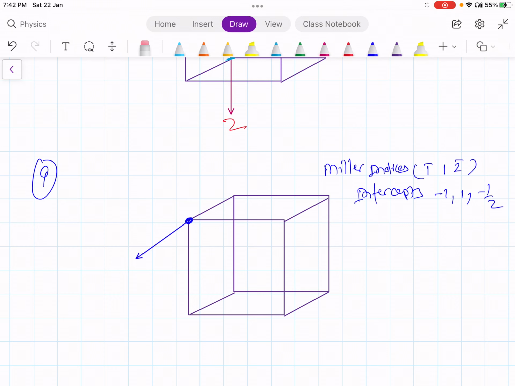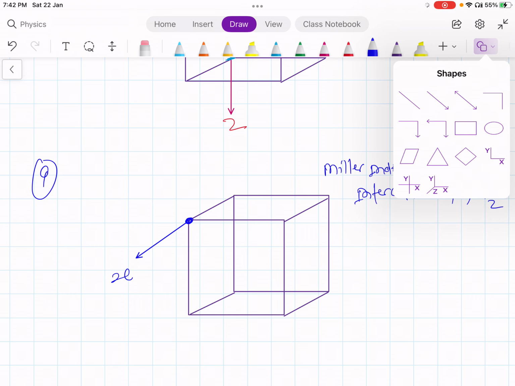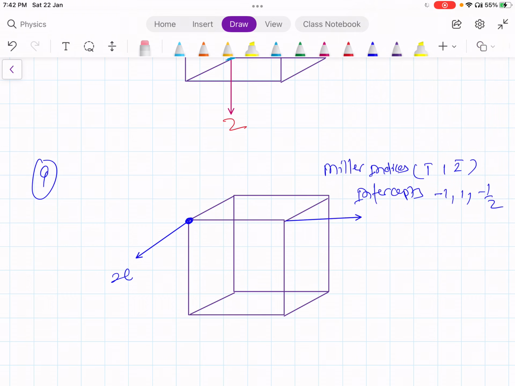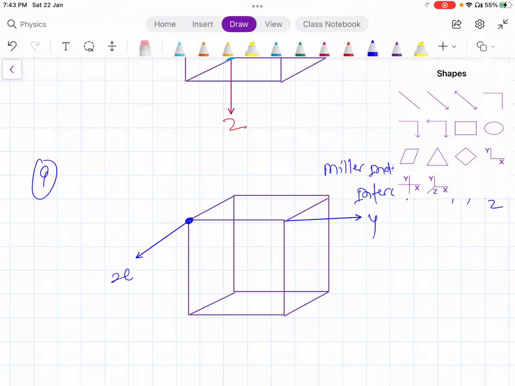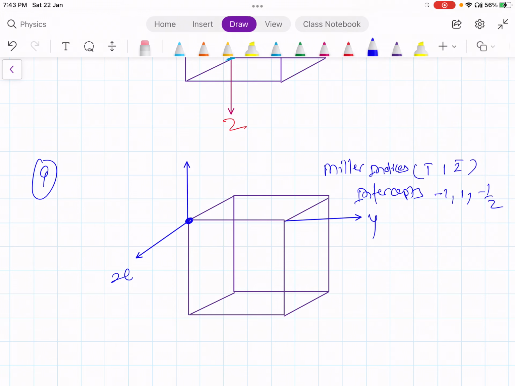So this is x-axis, y-axis, and z-axis, and this is the origin O. And points are -1, that is -1 on x, 1 on y, and minus half is this point on z.